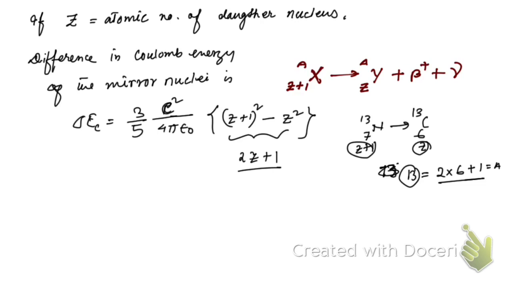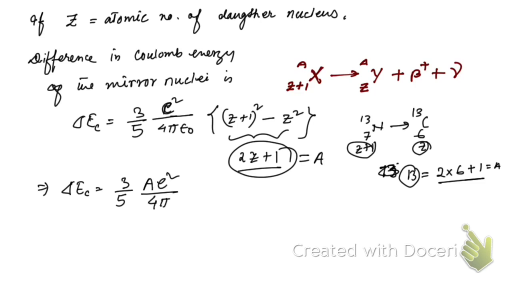Okay, so instead of this, we can write this formula in this way also: 3 by 5, and this term can be replaced by the mass number A, e square by 4 pi epsilon naught, where A is the mass number. So the difference in Coulomb energy will be given by this.